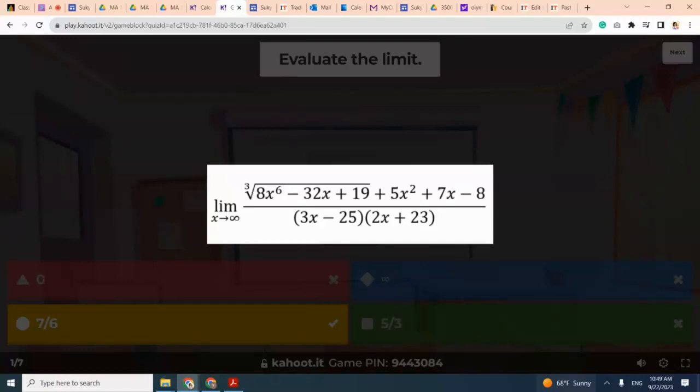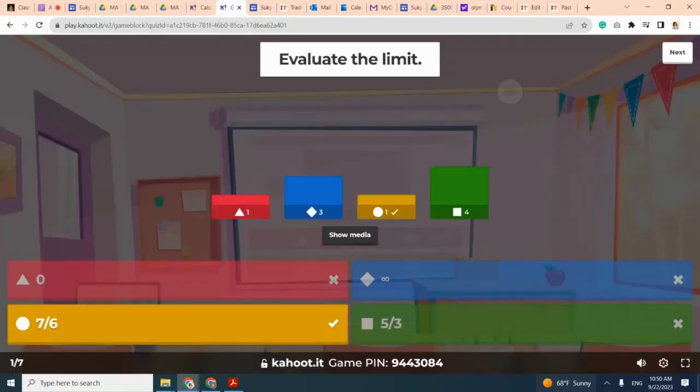The cube root of 8 is 2. So 2x squared plus 5x squared is 7x squared. In the denominator, because of the product, you use 3x times 2x, which is 6x squared. So 7x squared over 6x squared is 7 over 6.